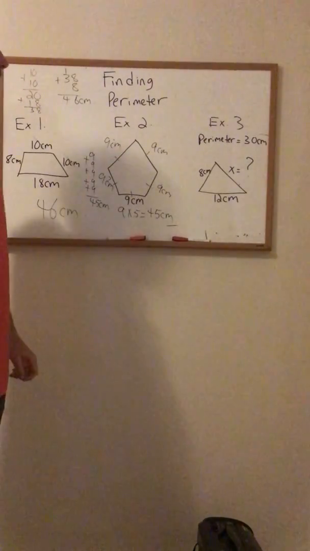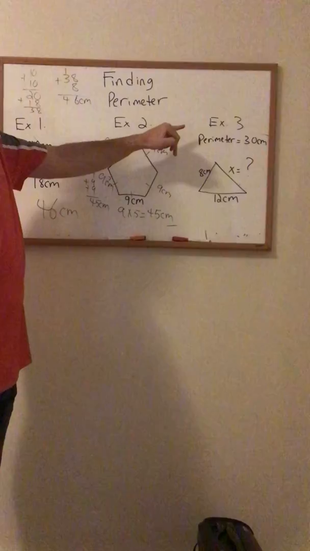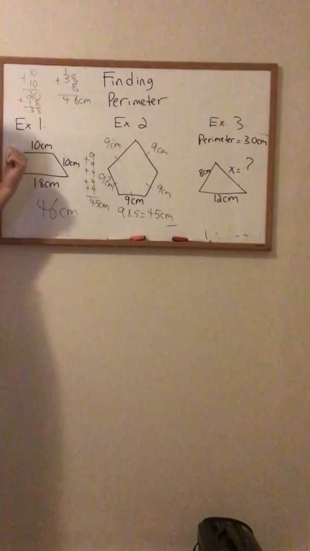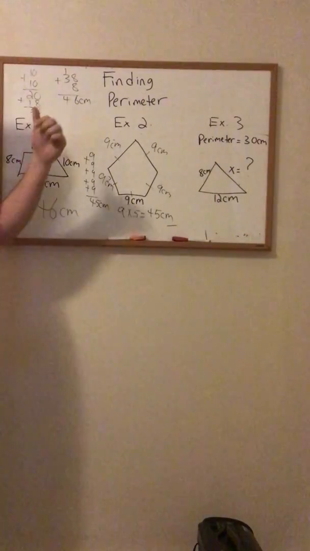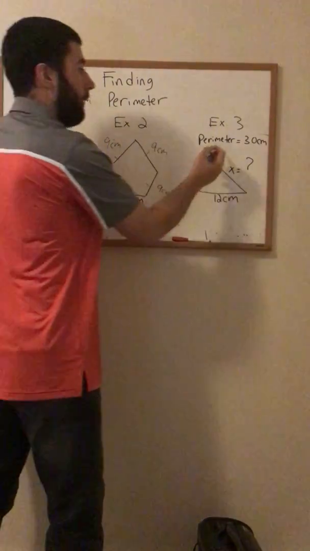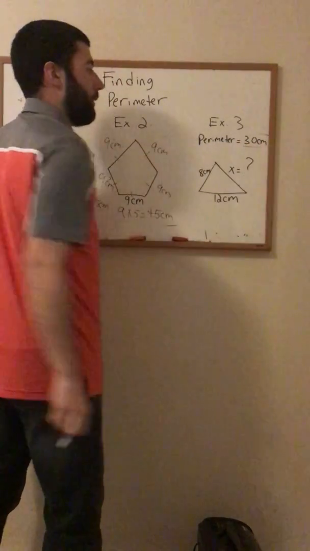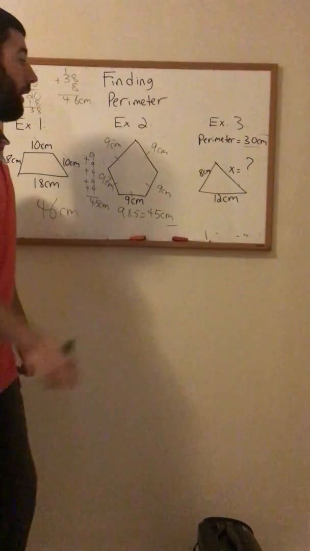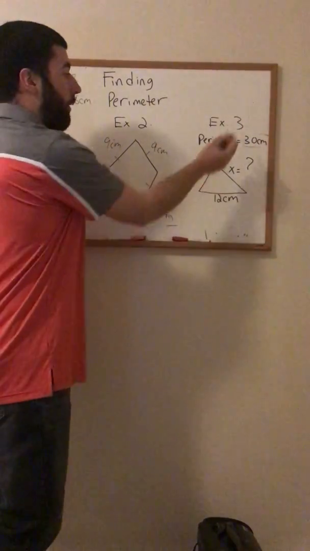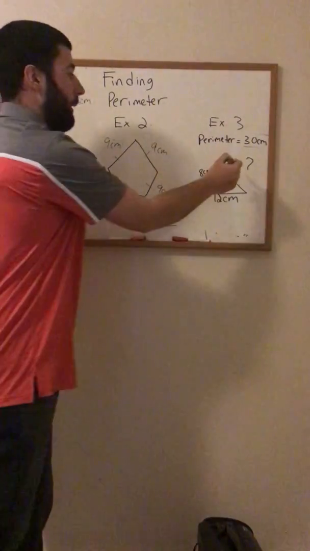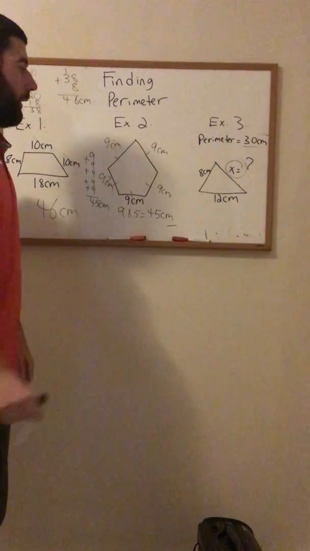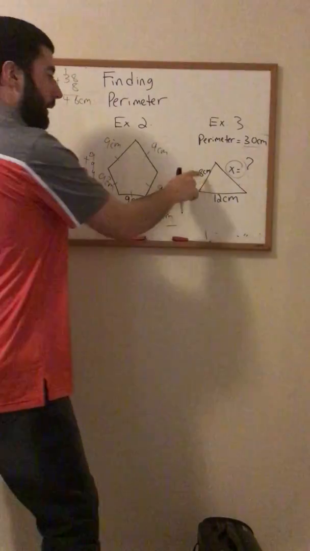Now example 3, I like to call this the given and non-given example. So this is non-given, this is given, this is non-given, and this combines both of them. So they give you the total amount of centimeters, the perimeter is 30. So we know when we add up all our sides to find our perimeter, it's going to equal 30 centimeters. Now we're missing this side. So what should I do? Well, I know this is 12 and this is 8.